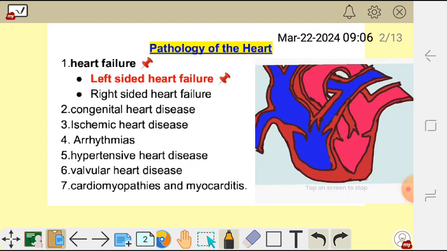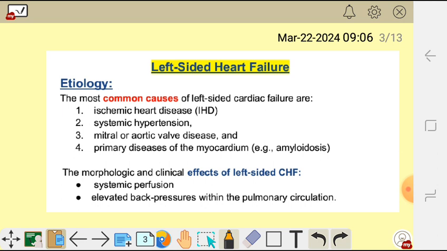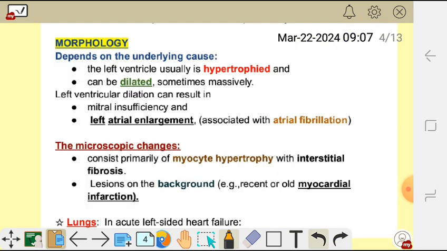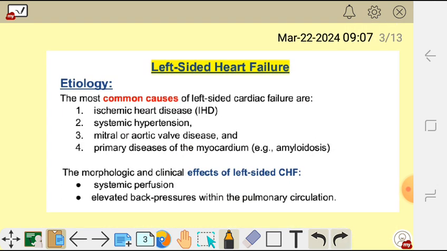The blood received by the left atrium comes from the pulmonary circulation, so if we have problems that lead to left heart failure, the pressure is going to flow backwards and congest the pulmonary circulation, since this blood is coming from the lungs. Those are some of the effects of left-sided congestive heart failure. So we are done with the etiology of left-sided heart failure.